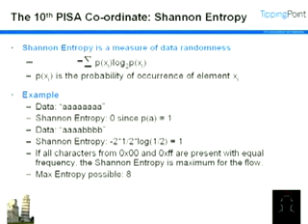To get an intuitive feel of what this number is, let's assume you have a protocol which is just sending a bunch of A's in all the packets. For such a protocol, your probability of character A is 1 because that's the only character occurring. Therefore, log of 1 is 0, and your Shannon entropy comes out to be 0. That is intuitive because this protocol is not sending any random data.